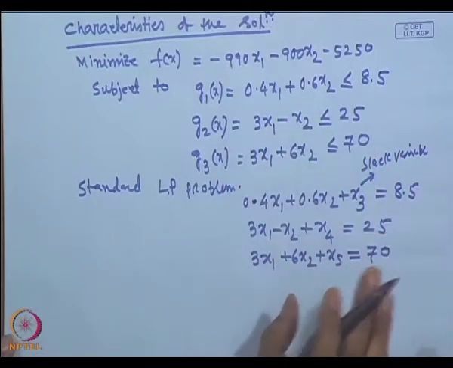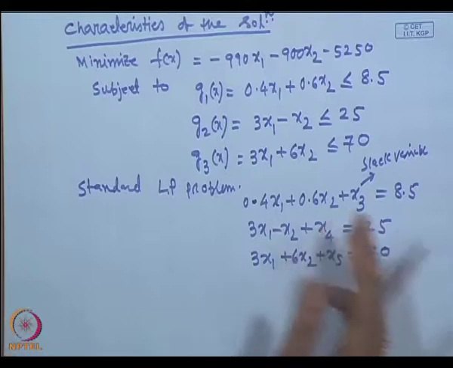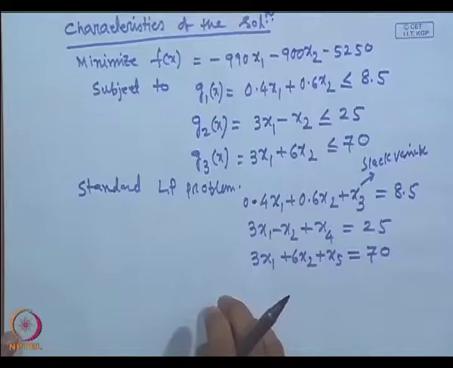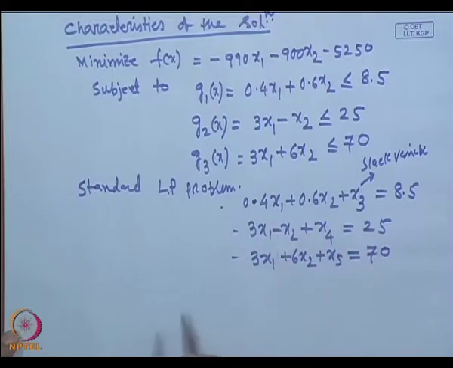So, you have to solve this one, and we know how to solve it by the algebraic approach. First you identify which are the basic variables. There are 3 equations and 5 variables. So, how many basic solutions exist can be found immediately.